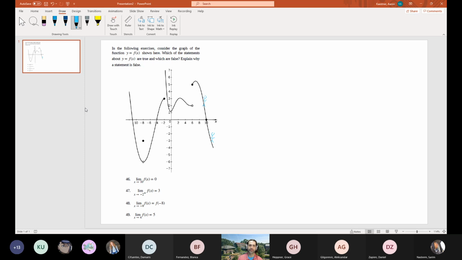So this person is supposed to be going towards 10, and both from the left-hand side and the right-hand side, it looks like I'm going to that point, the solid point, or filled-in dot. That filled-in dot means that the function is defined to have that value. So from both sides, it looks like that limit is going to 0, which is what they tell us here. And so that first one, I would say, is true.